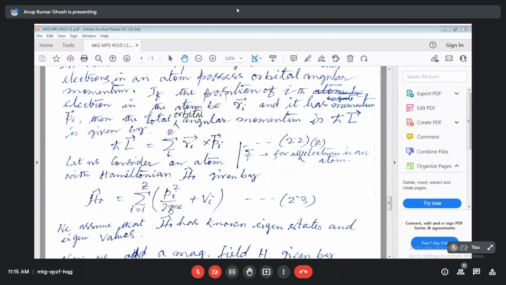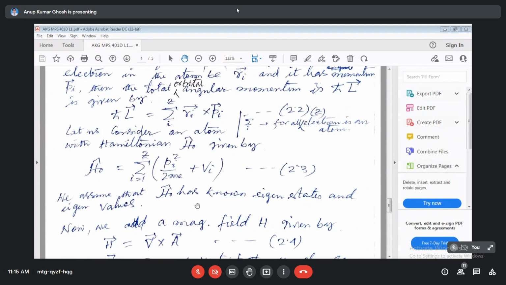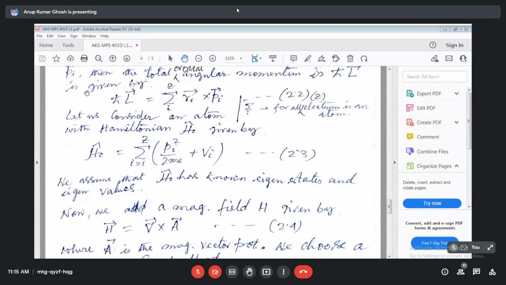The Hamiltonian without magnetic field, the unperturbed Hamiltonian of the atom, is Pi square divided by 2 Me plus Vi, equation 2.3.